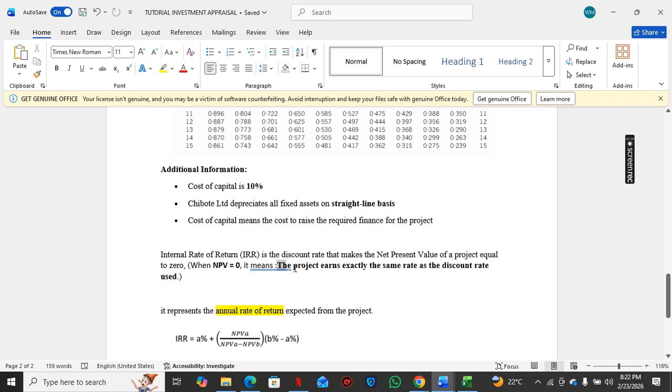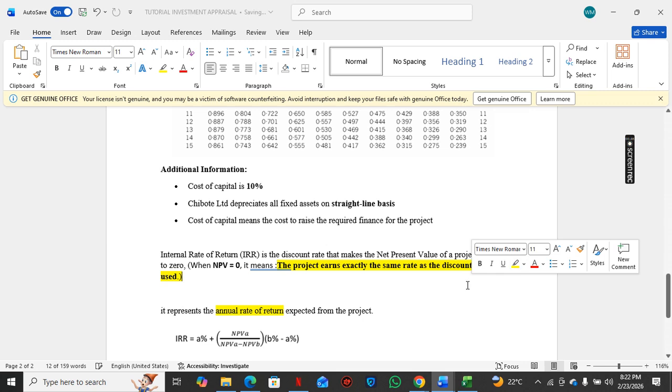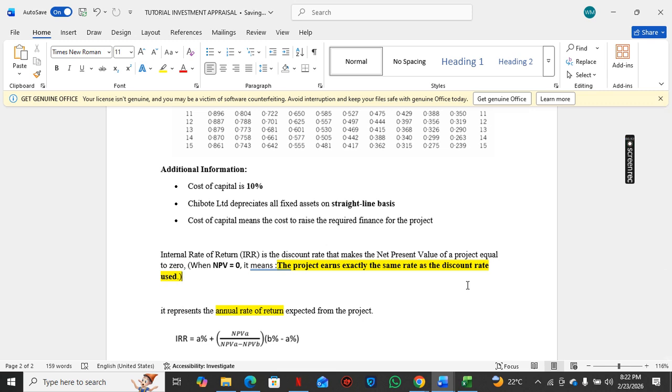That means the project earns exactly the same rate as the discount rate used. So the discount rate that you're going to be using is going to be your internal rate of return.